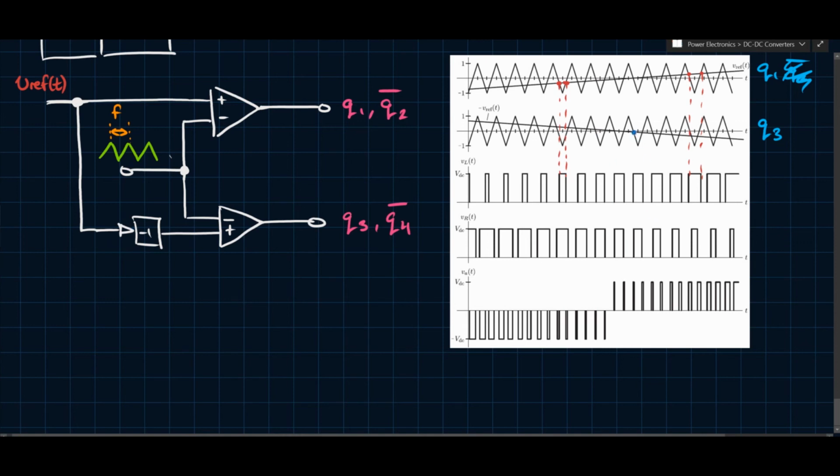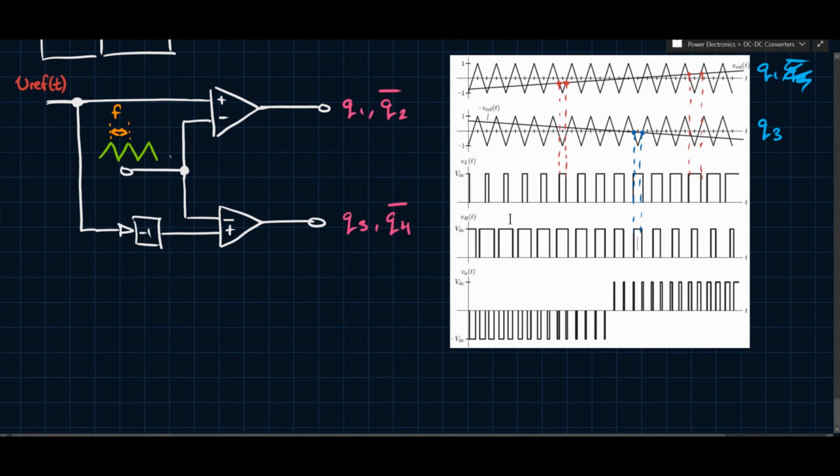Again, this dot and this dot, if we drop them down, we see this here, and we can do the same thing anywhere else. So we have a bunch of these pulses, and they happen relative to these triangle carriers.